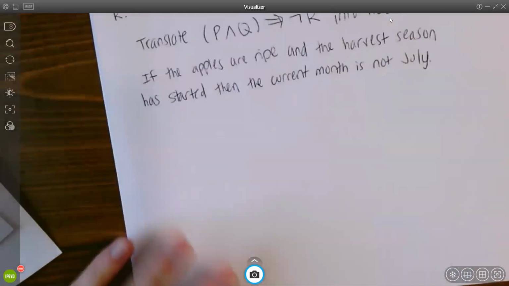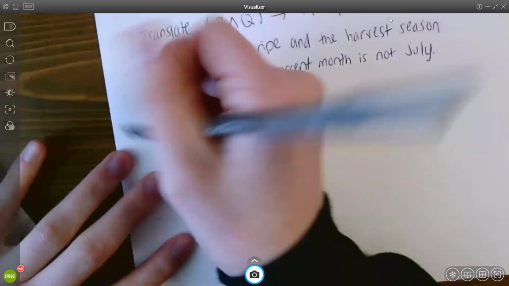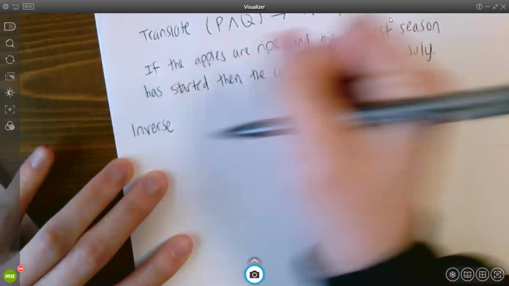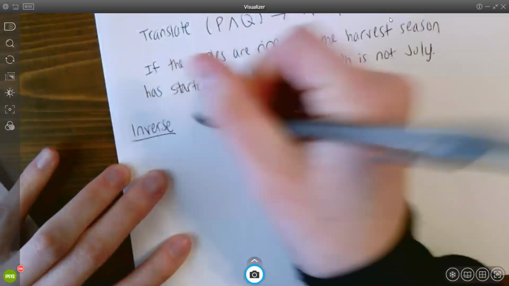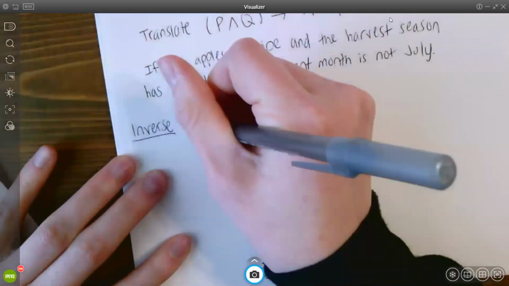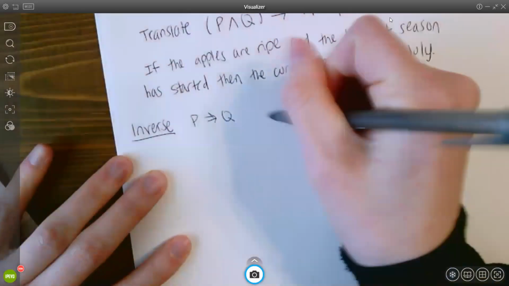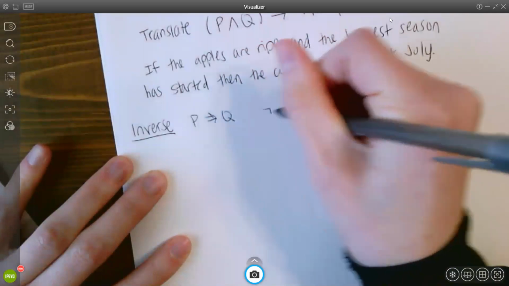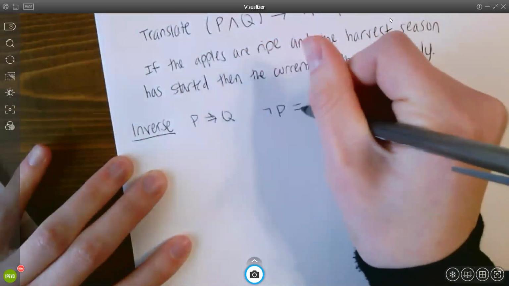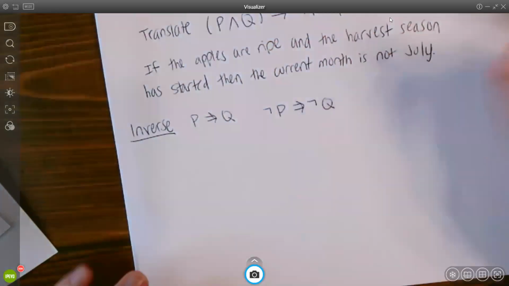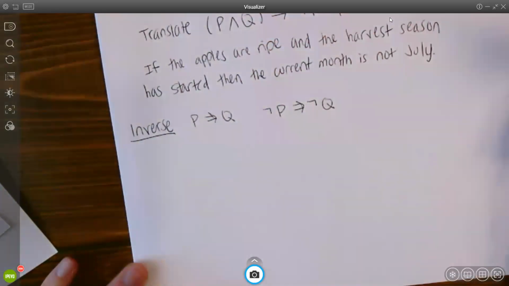All right, just a couple more things here. Some more vocab is inverse. If it wants the inverse, that means our normal order would be if P, then Q. Our inverse then becomes if the negation of P, then the negation of Q. So it just becomes the opposite of both of those statements.